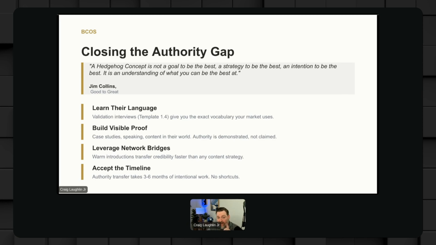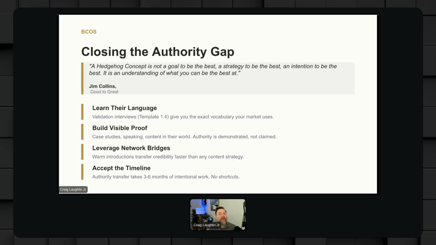Here's how I see coaches do it successfully. First, learn their language. Validation interviews give you the vocabulary that your target market uses. You stop speaking corporate and start speaking buyer. Template 1.4 is specifically designed to extract this. Second, build visible proof. Not proof for your former colleagues. I don't care about that. Proof for the market you're entering.